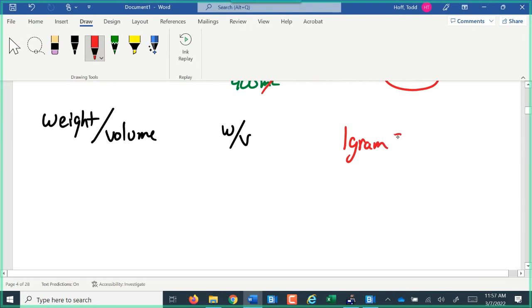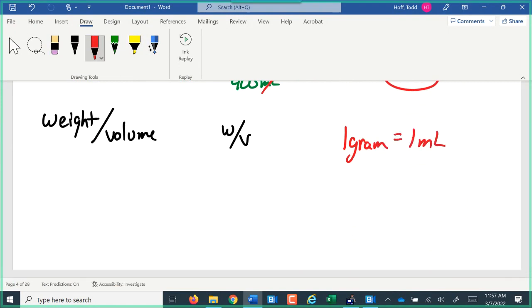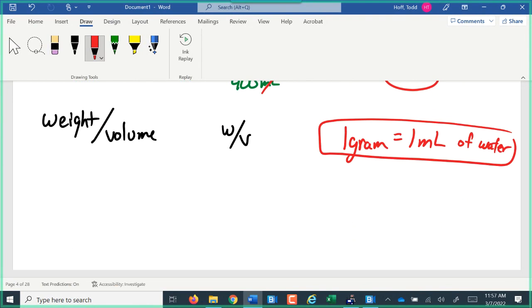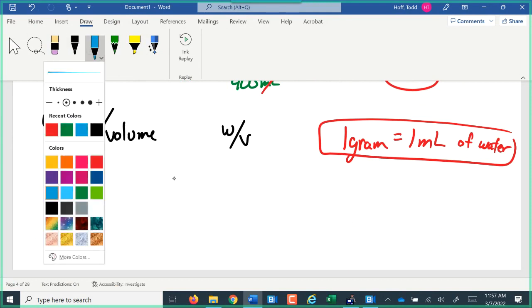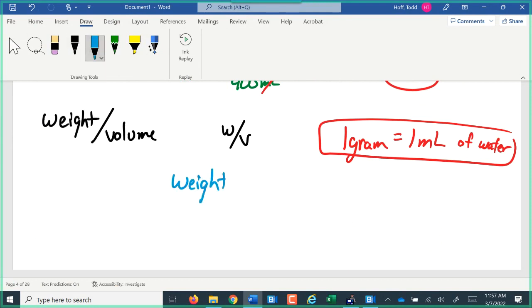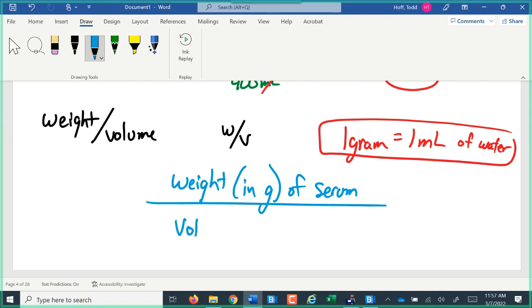1 gram, remember, is equivalent to 1 milliliter of water. That's the definition of a gram. So when we're dealing with a weight in volume solution, our weight needs to be measured in grams, for our serum, but our volume in milliliters for our total solution.